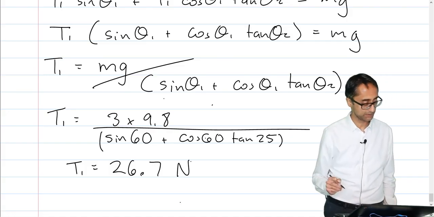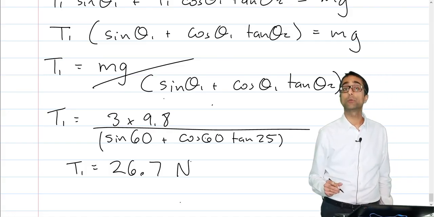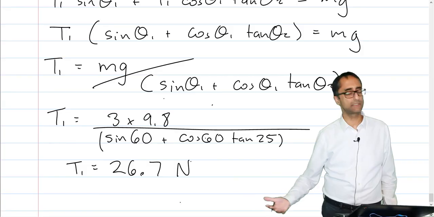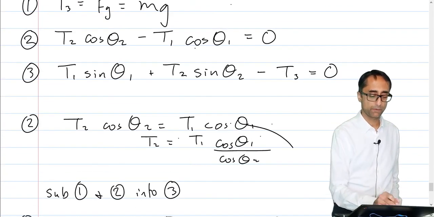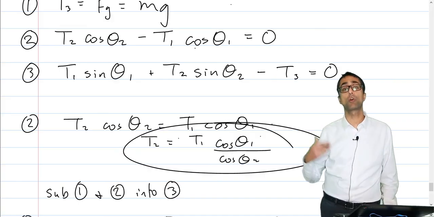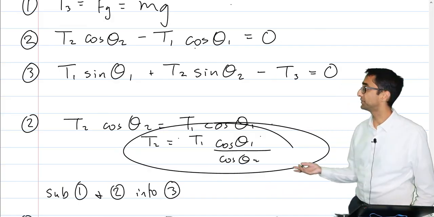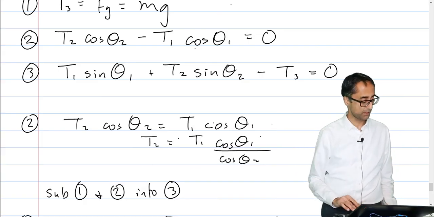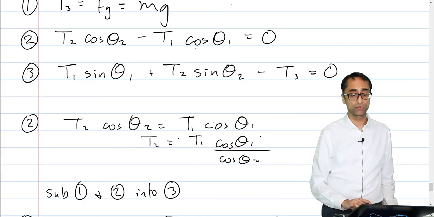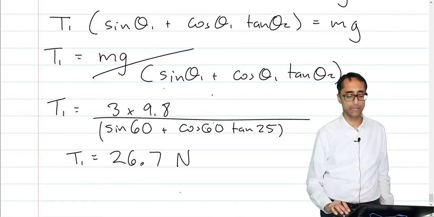That is correct. And now that you have one of the unknowns, it's super easy to find the other two because we already have an equation waiting for us right here. T2 was already put in terms of T1, and so now that we have T1, super easy. And T3 was always easy. We could have solved it at any time.